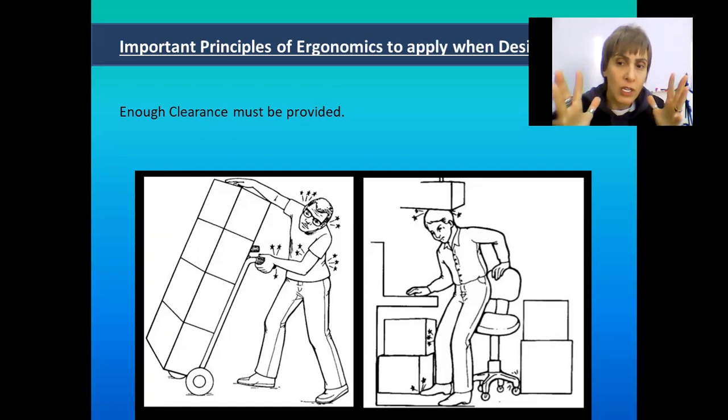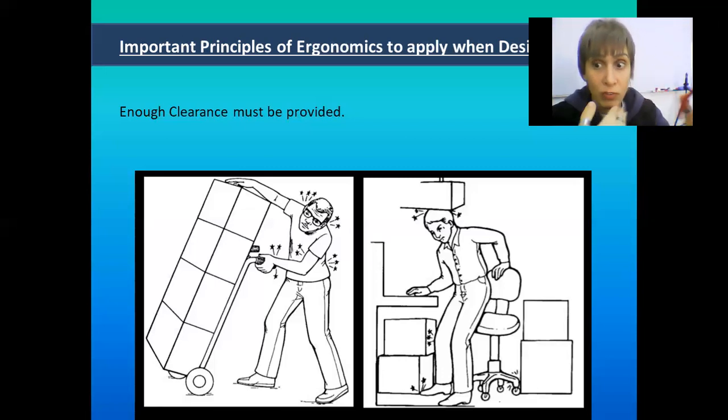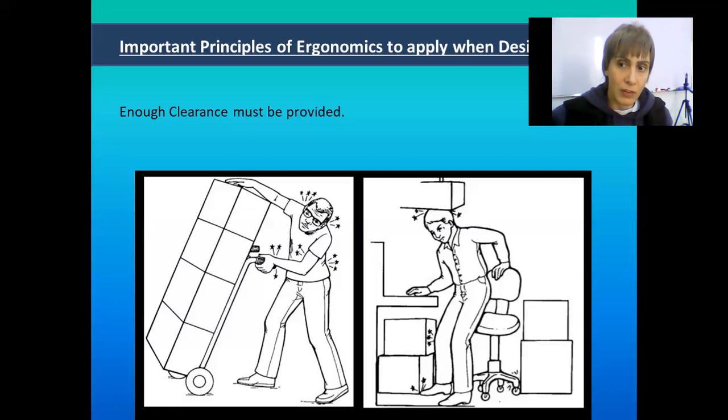So you need to know all the characteristics and all the measurements of the body part that a product will come in contact with. Remember, the touching points are very important. The human-product or human-machine interaction that we talked about before. So the human always comes in contact with the object that's designed.